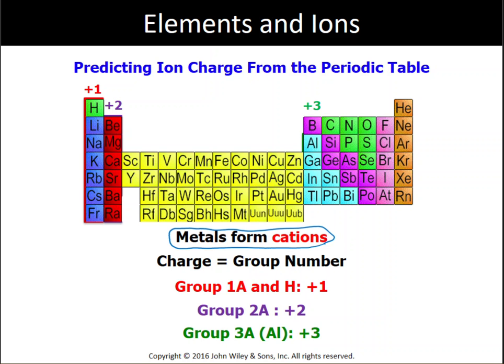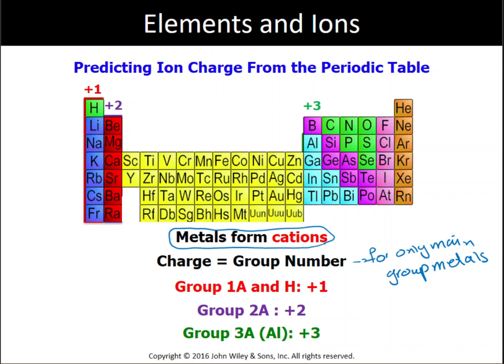Now, the general rule for only main group elements is that the group number equals the charge of the cation. So for group 1A, all the metals and also hydrogen have a 1 positive charge.